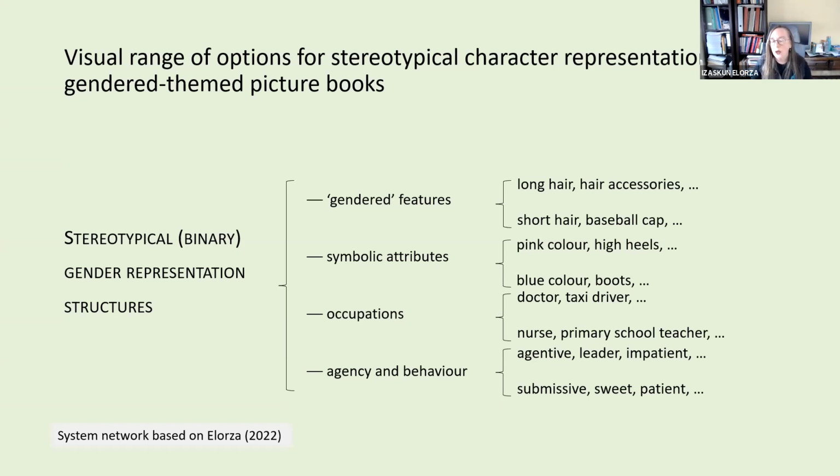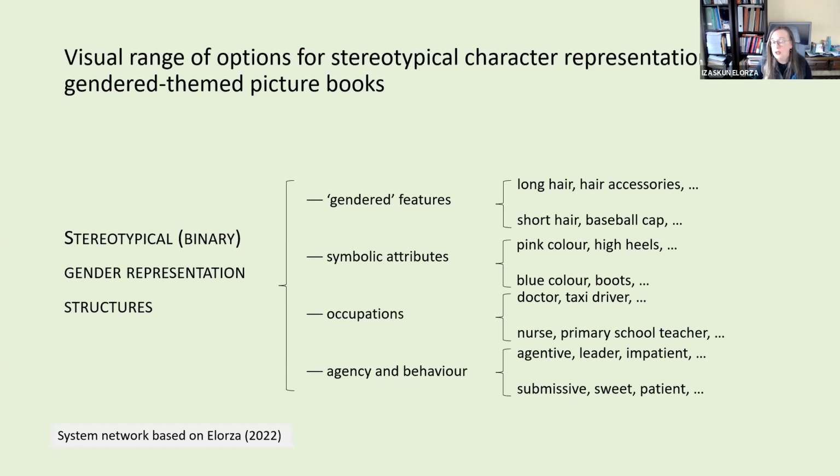The characters are represented, particularly when we are dealing with characters that we can call social characters or interpreted socially, also through symbolic attributes, which are meaningful depending on what we are talking about.